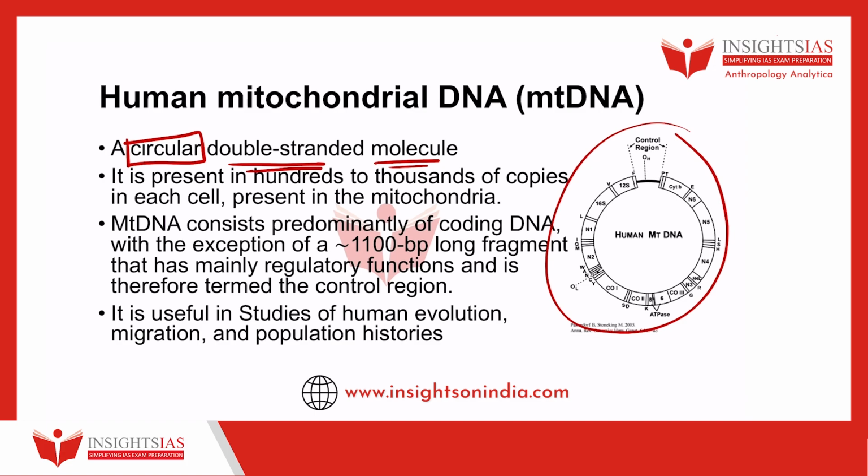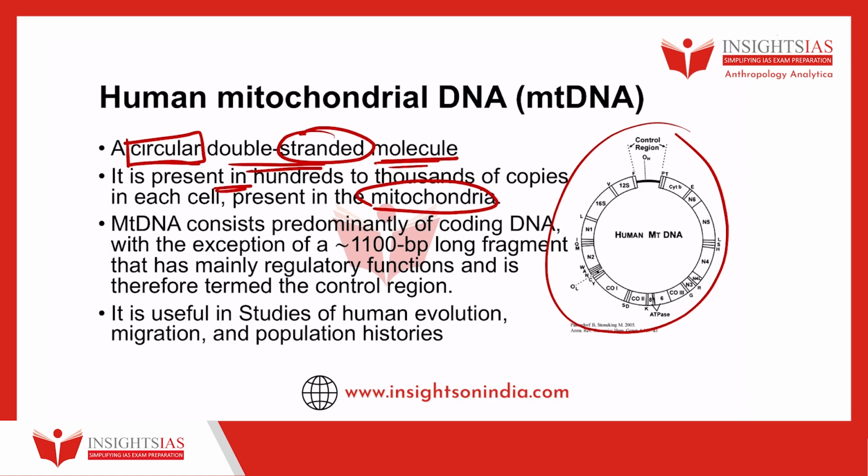These are DNAs which are found not in the nucleus but in the mitochondria of the cell. It is a circular double-stranded molecule. It is present in hundreds and thousands of copies in each cell, and where is it present? In the powerhouse of the cell, that is, the mitochondria.